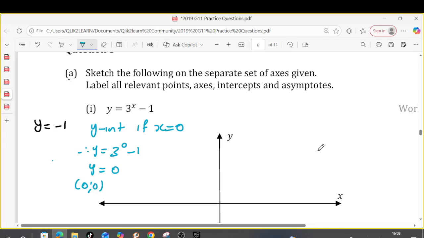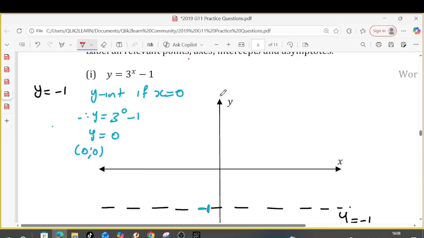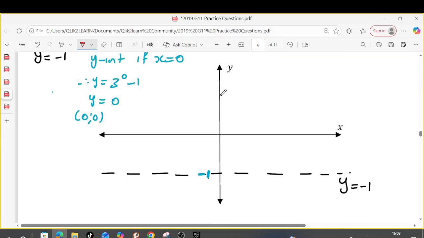So this tells us that the same applies to the x-intercept. Because if I calculate the x-intercept, I'll still get 0. Someone is asking, how are we going to get 0? Let me explain this. If y is equal to 0, we're going to have 0 is equal to 3 to the x minus 1.